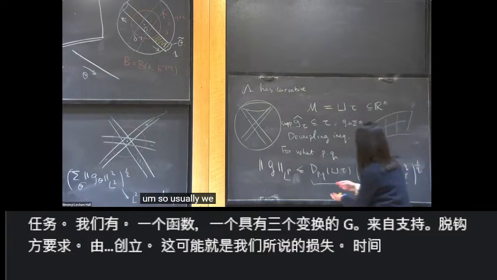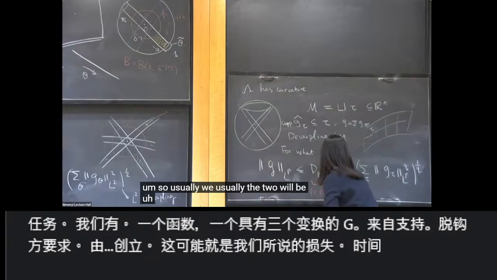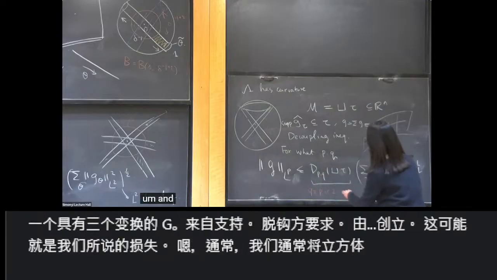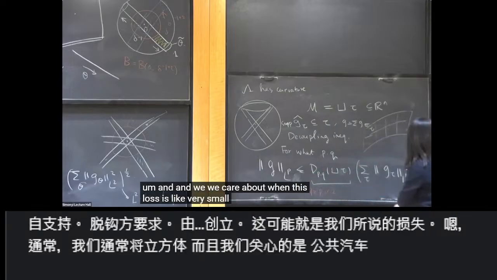So usually the Q will be P or 2. And we care about when this loss is very small.